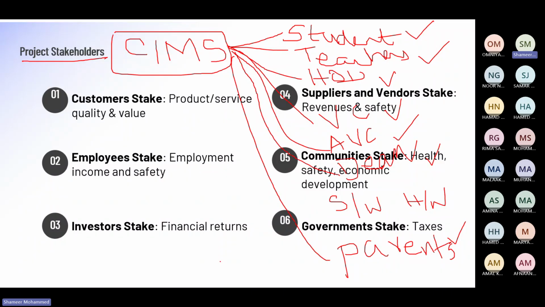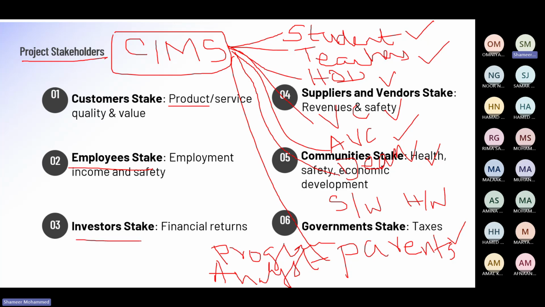Also the system analyst, system programmer, system designer. Okay, these are all the stakeholders. Stakeholders means the people who are participating in this project. So customers, they are also participating. Employees, they are also participating.